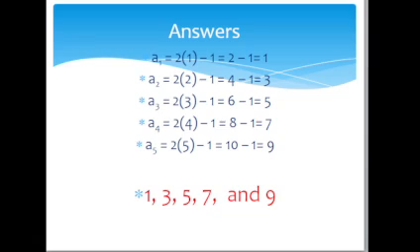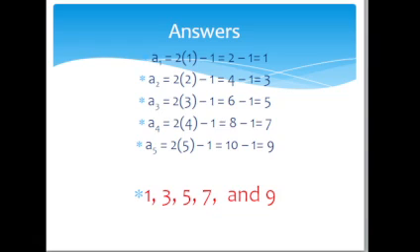So we will start with a sub 1, which is the first term. So we have 2 times 1. We will substitute 1 in place of n. So 2 times 1 is 2, minus 1 is 1. Next is a sub 2 or the second term. 2 times 2 equals 4, minus 1 is 3. And a sub 3, we have 2 times 3 minus 1 is 6 minus 1 equals 5.